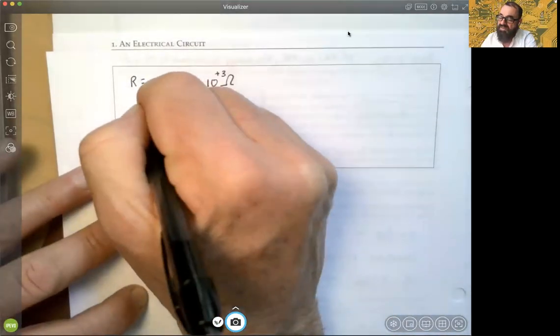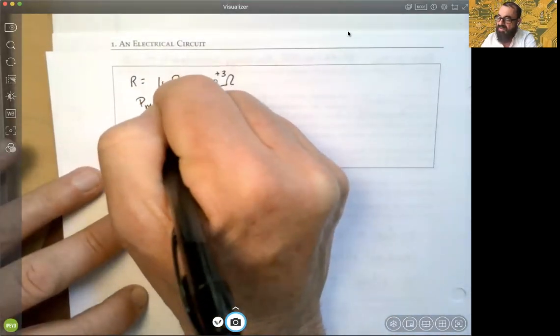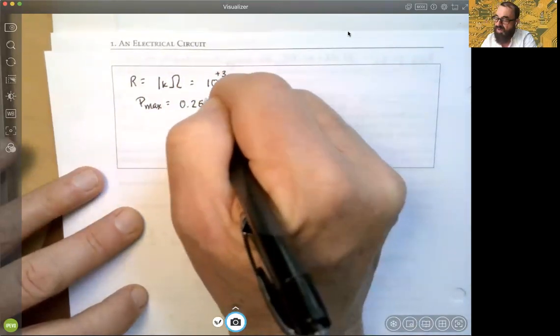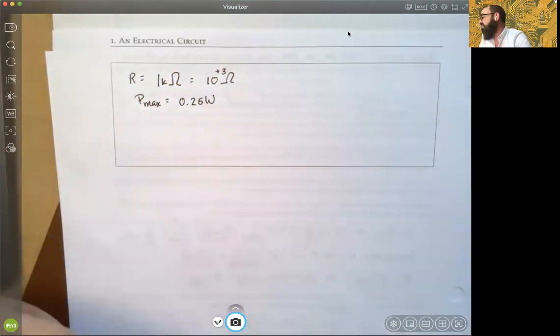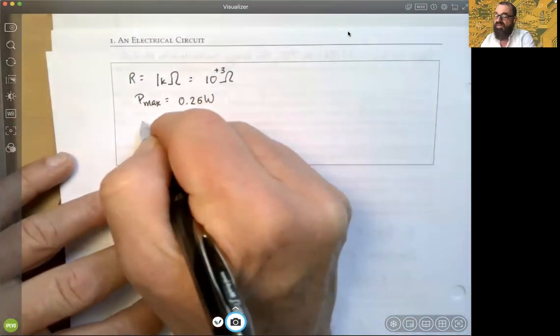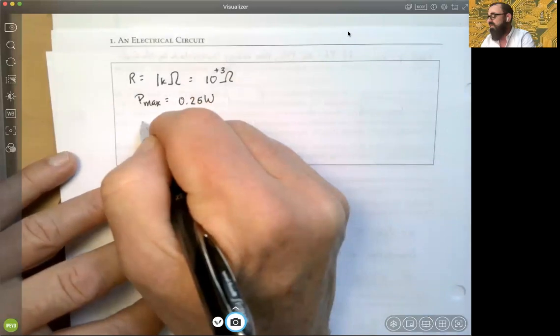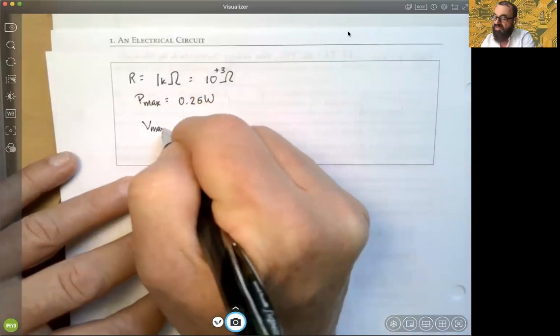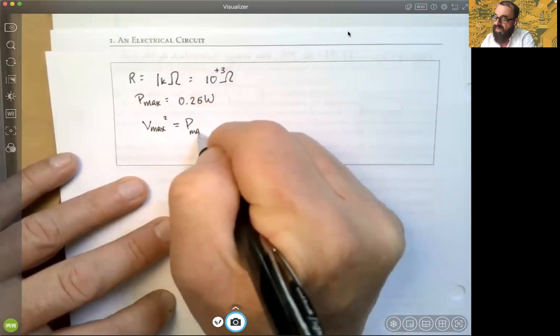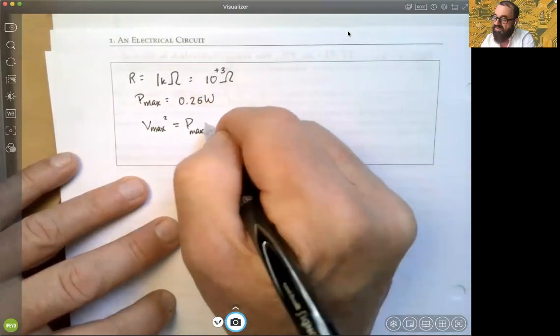And it told us that the maximum power that we can generate with this is 0.25 watts, okay? So using our formula relation for power and voltage, the maximum voltage that's possible, squared, would be equal to the product of that maximum power times the resistance, okay?